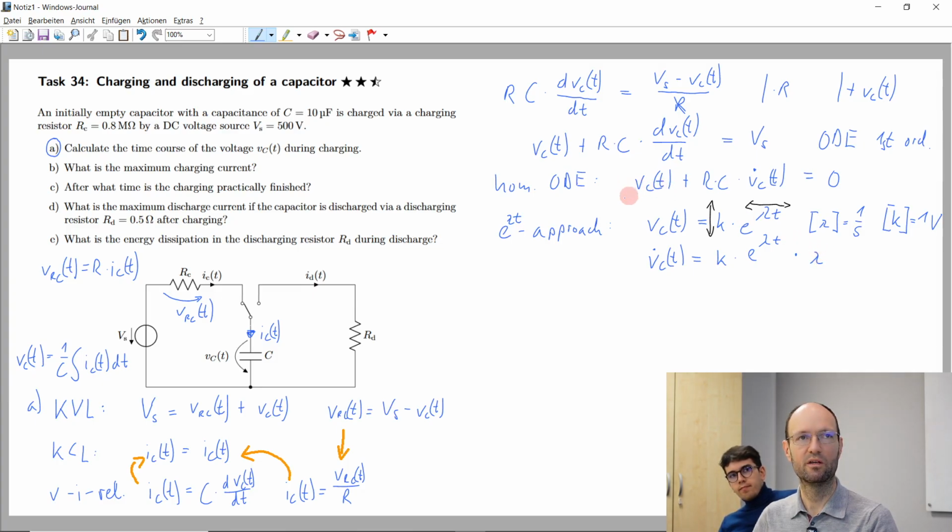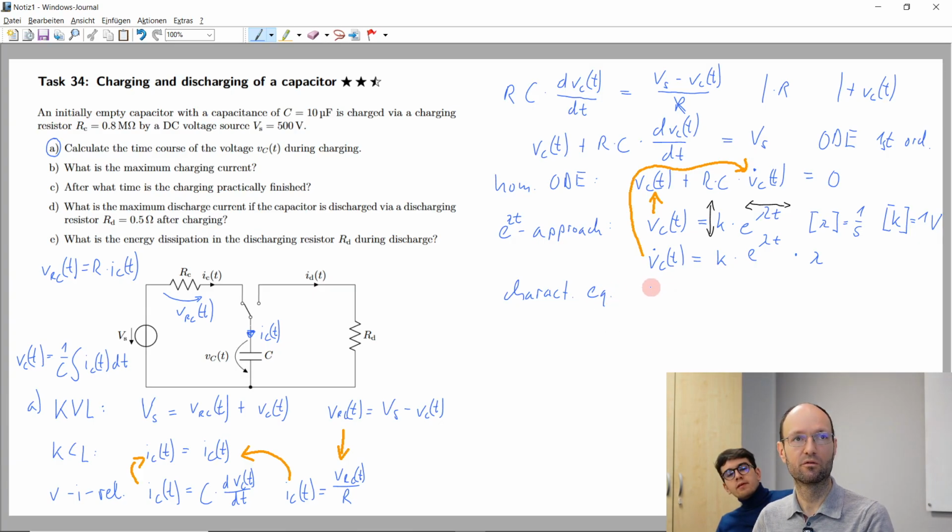And so now we can take this and insert it there, and let's once again take different colors. We take this and insert it there, and we take this and insert it there, and then we get the so-called characteristic equation.